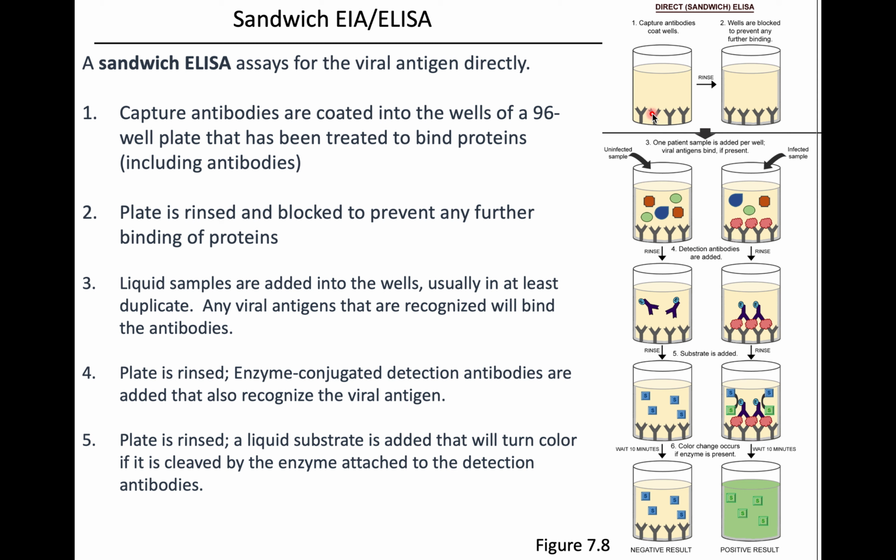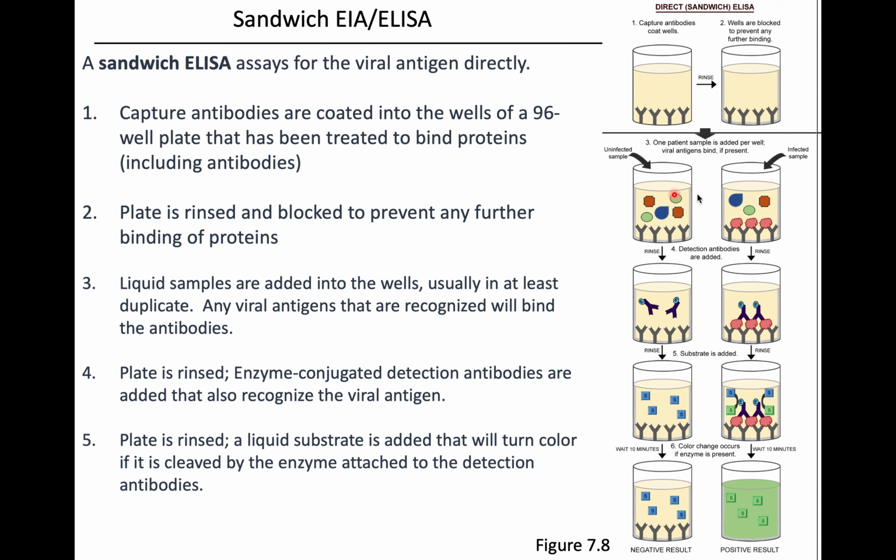You would take your serum from your patient or your individual being tested, and add those to the wells in the plate. The idea is if you have an uninfected sample, there's no antigen to bind to those antibodies. If you have an infected sample, there is antigen that binds to those antibodies.